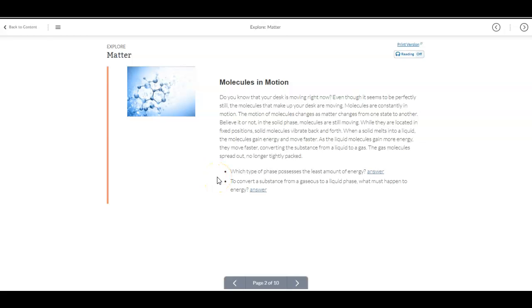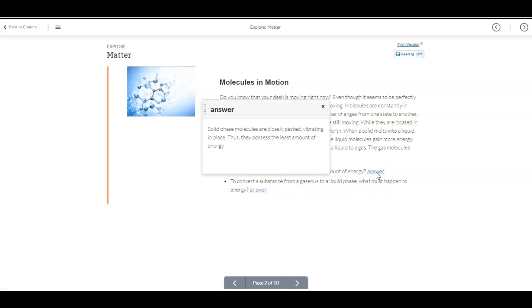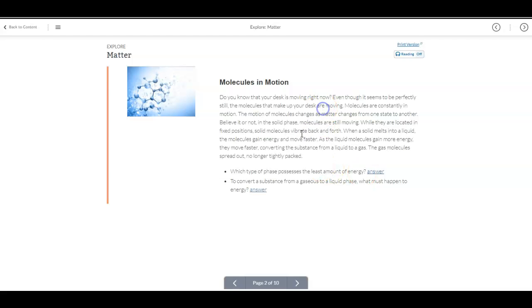So which type of phase possesses the least amount of energy? That would be the solid phase because the particles are closely packed, vibrating in place, thus they have the least amount of energy. To convert a substance from a gaseous to a liquid phase, what must happen to the energy?